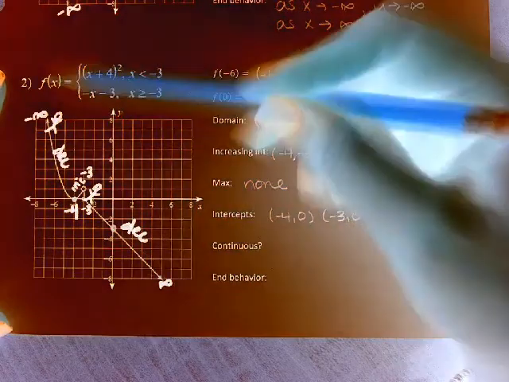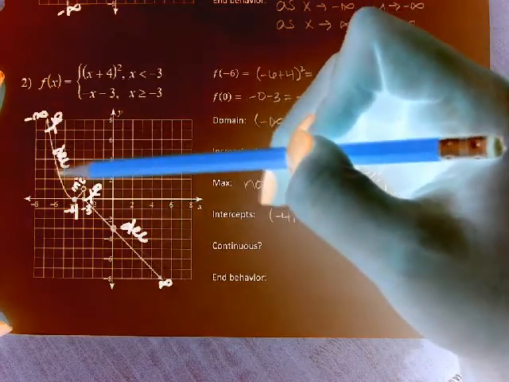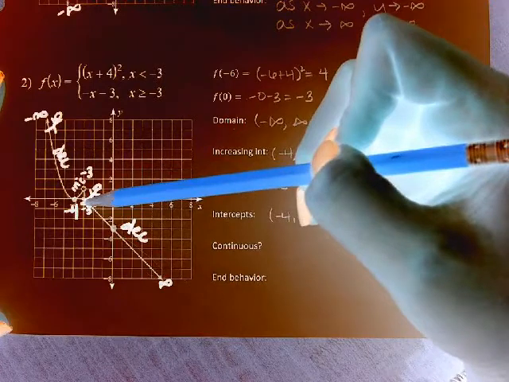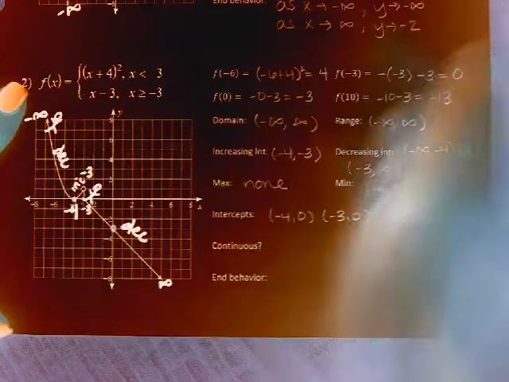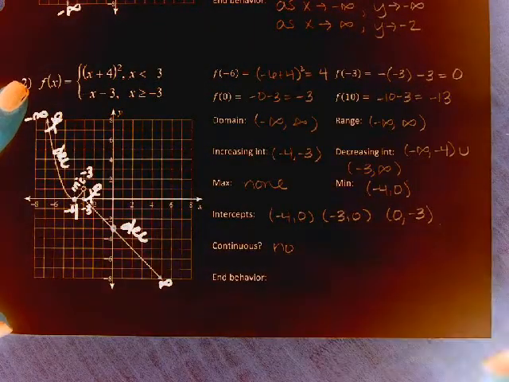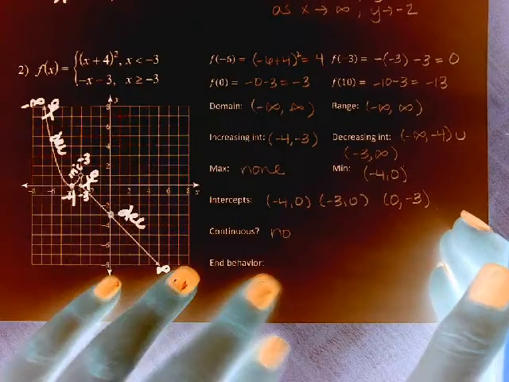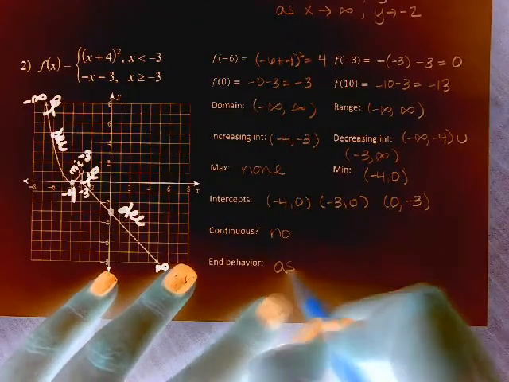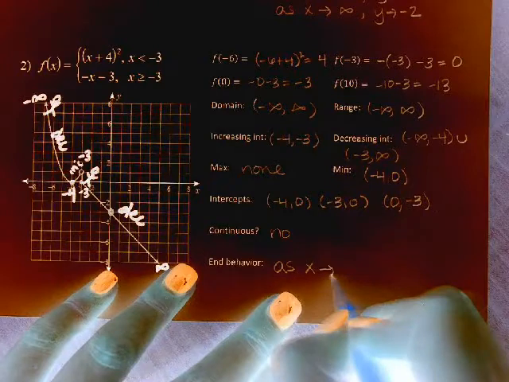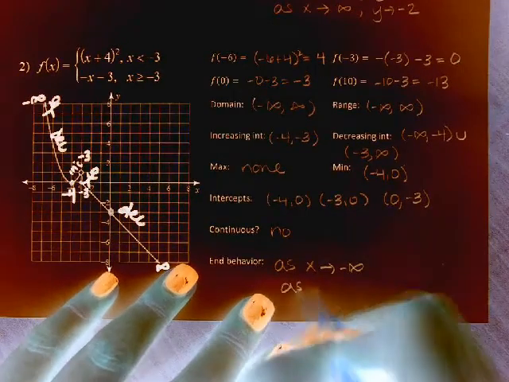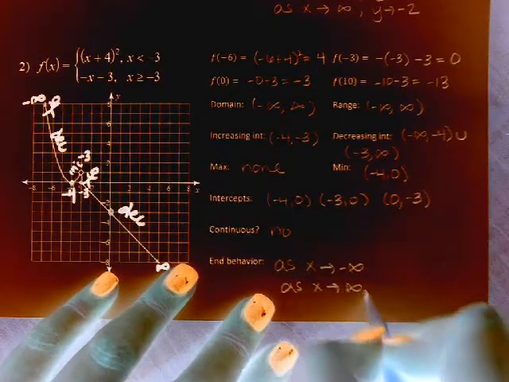Okay, if I trace this with my finger, is it continuous? No. And if we write the end behavior, we're going to say, as we look to the left, so as x goes to -infinity, as x goes to +infinity.